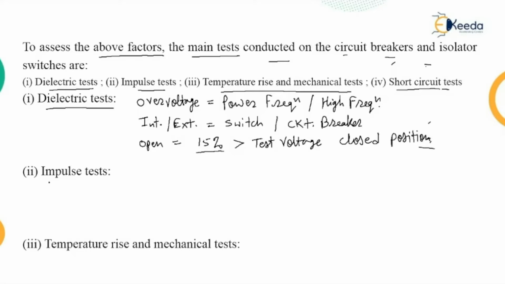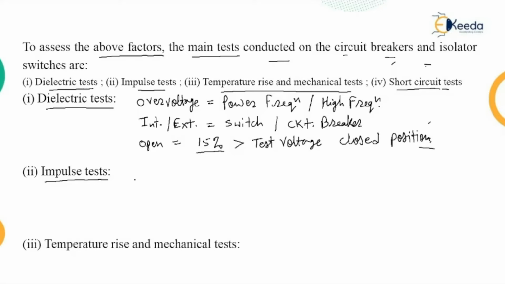Now, the second test is called the impulse test. In this test, the lightning impulse wave of standard wave shape is given in a similar manner as in the case of insulators. The testing of insulators we have already studied at the start of the lecture.